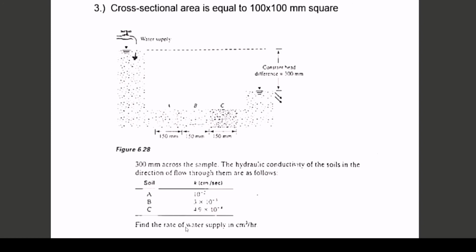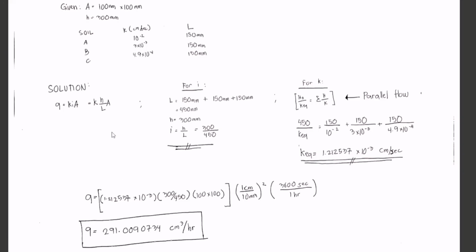So, find the rate of water supply in cubic centimeter per hour. To solve this, gagamitin din natin ulit ang Darcy's Law, which is Q is equals to KIA. Palitan natin ng I ng H over L. So, Q is equals to K times H over L times A. Since hindi given itong I at K, hanapin muna natin yung I or yung hydraulic gradient natin, which is basically H over L. So, ang L natin dito ay ang total length ng pinagsasamang tatlong soil samples.